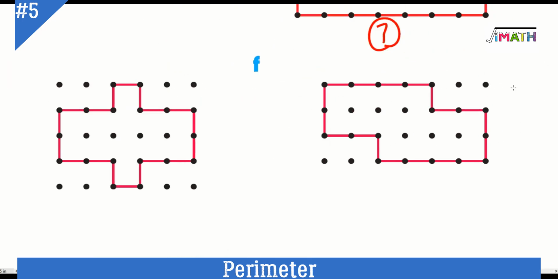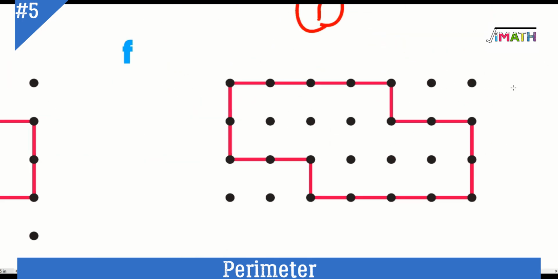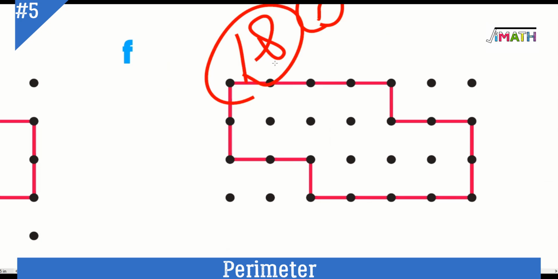Yeah, and I think you can do this question yourself as well, right? So how many red segments are there? 1, 2, 3, 4, 5, 6, 7, 8, 9, 10, 11, 12, 13, 14, 15, 16, 17, 18. That was pretty simple.